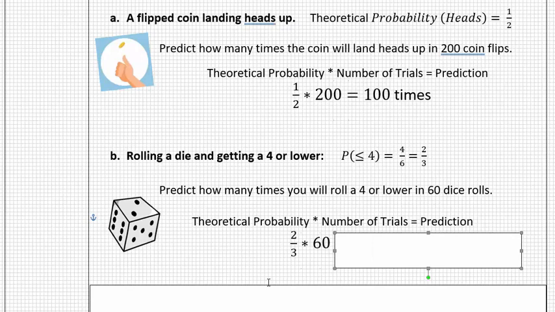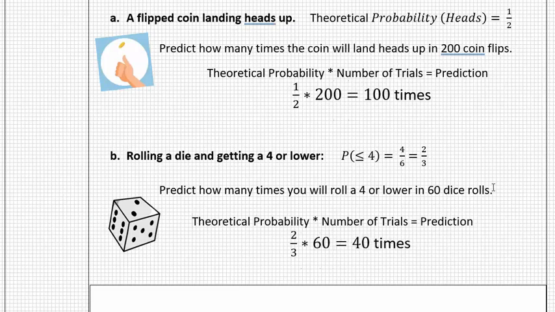There are a few ways to calculate this. I know a common method is to take 60 divided by 3. 60 divided by 3 is 20. 20 times 2 is 40. So out of 60 dice rolls, we would expect to roll a 4 or lower 40 times out of 60.